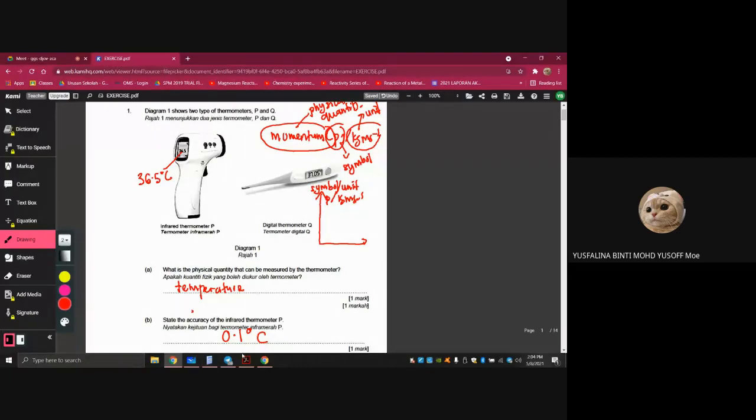Sometimes they use accuracy, sometimes they use sensitivity. Both of it, you have to find the smallest scale for the measuring tool. Let's say I have a vernier calipers. You still remember in Form 1 you learned about the vernier calipers. What is the smallest scale for the vernier calipers?